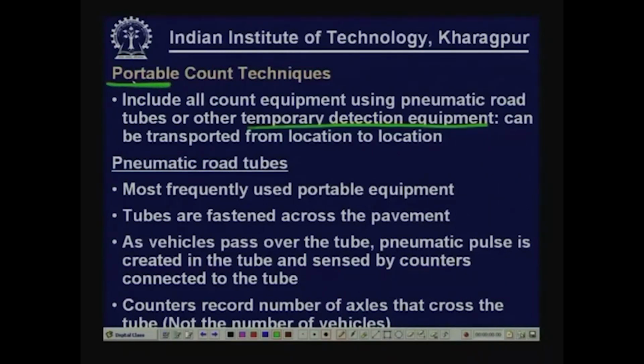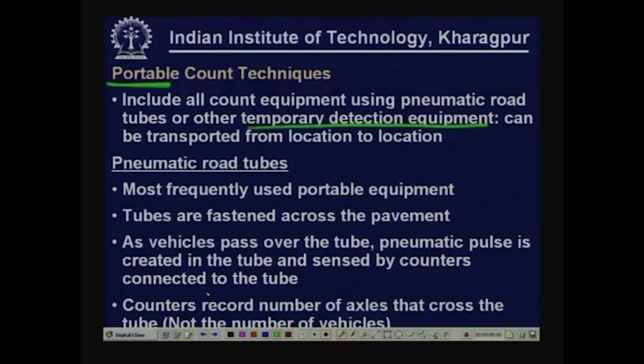Coming to pneumatic road tubes, it is the most frequently used portable equipment. Tubes are fastened across the pavement; you just place them across the pavement. As a vehicle passes over the tube, a pneumatic pulse is created in the tube and sensed by counters which are connected to the tube. So, that way it can understand that one axle has crossed this tube.